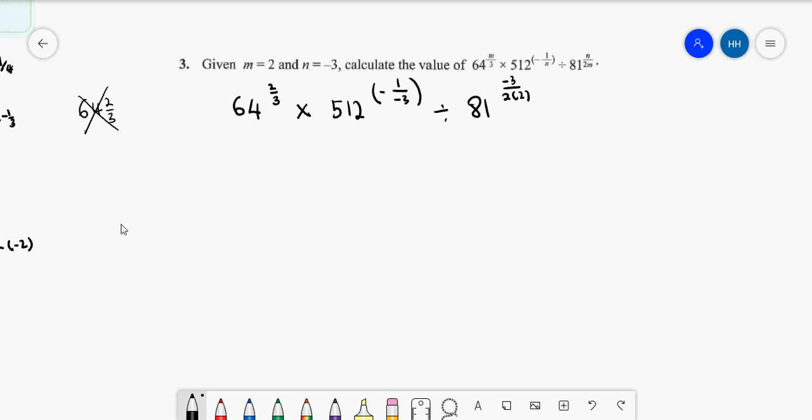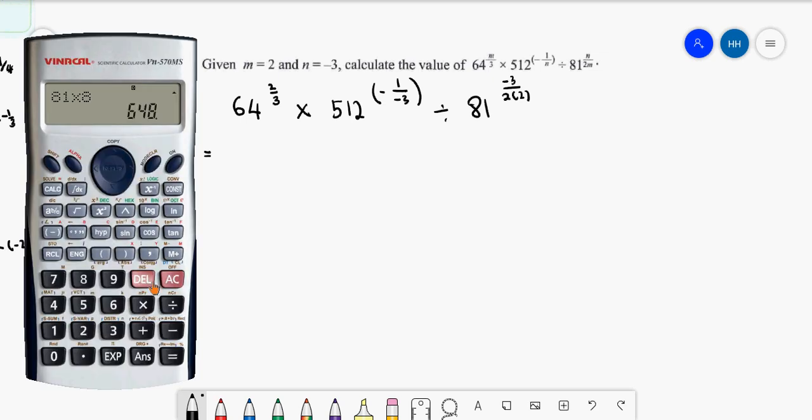So I'll continue. 64 can be written in a smaller base. You can try. 64 is 2. You can divide it by 2, right? 64 divided by 2 equals 32. Divide by 2 equals 16.